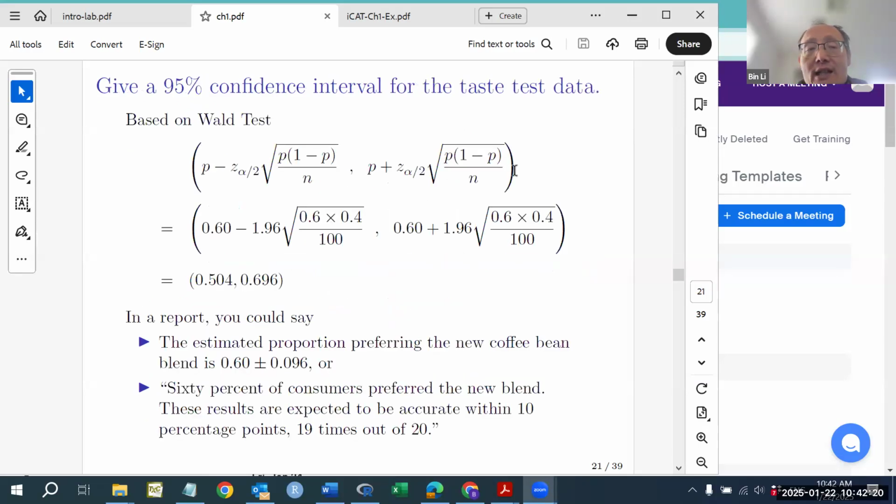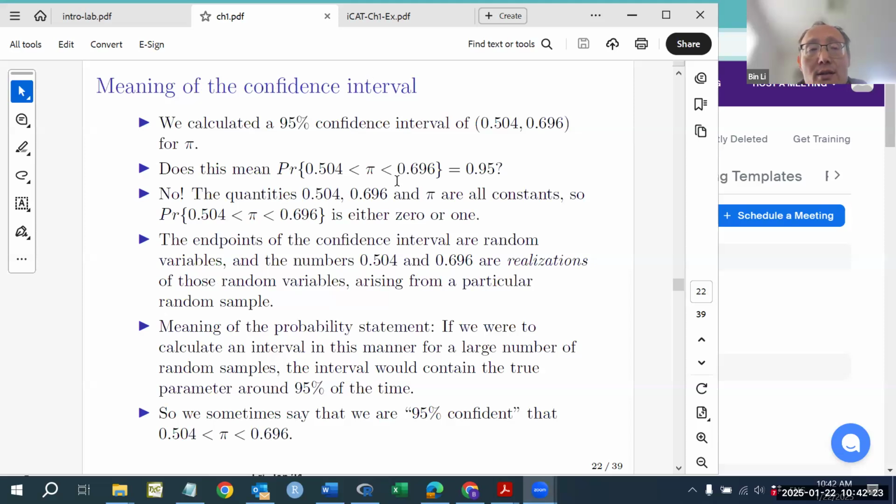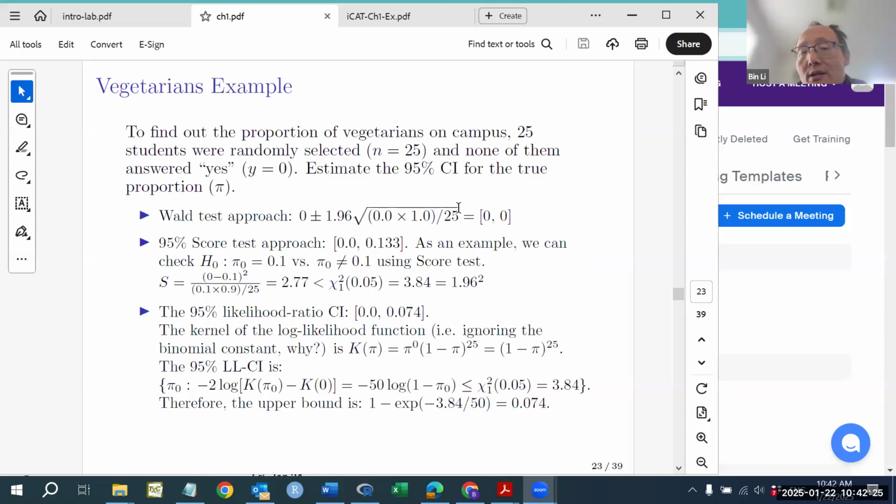So if we use the confidence interval based on the Wald test, what is the result? The Wald test gives us the confidence interval 0, 0, which is useless. Why? Because it just tells us the point estimate covers the 95%. Based on the interpretation of a 95% confidence interval, we have a 95% chance to catch the true value, which is just a point. This doesn't make sense at all.